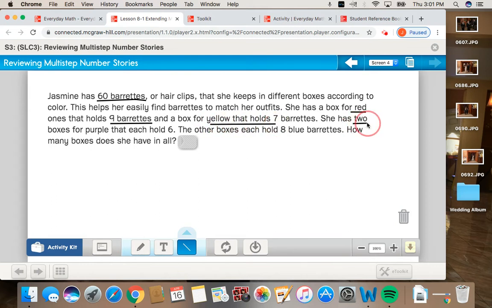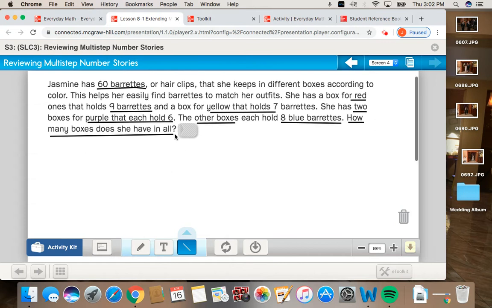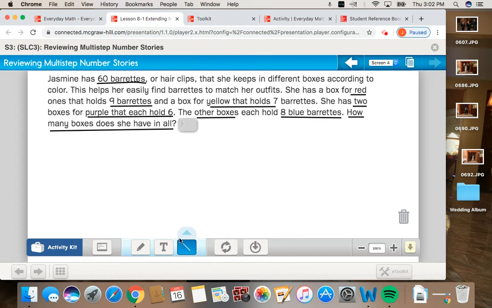She has 2 boxes for purple that each hold 6. The other boxes, oh, and look, they didn't tell us how many. I don't know how many other boxes, but I do know that they hold 8 blue barrettes. And here's what I need to figure out. How many boxes does she have in all? So I think I'm going to make another T-chart.